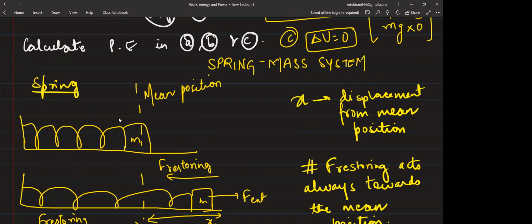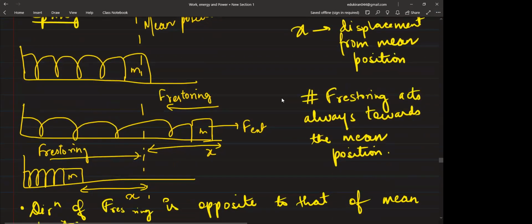Fine. So what you have to understand is the concept of this displacement and all. This is a spring, and towards this side is the fixed end of the spring. It's fixed, and this is the free end of the spring. The free end has this block, mass M, and this is the mean position. Mean position means the resting position, right?